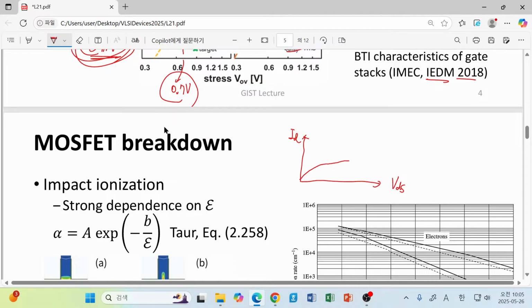Of course, we have a slight finite slope, and this corresponds to the short channel effect or something like that. But anyway, it is true that we expect such behavior for our MOS transistor.